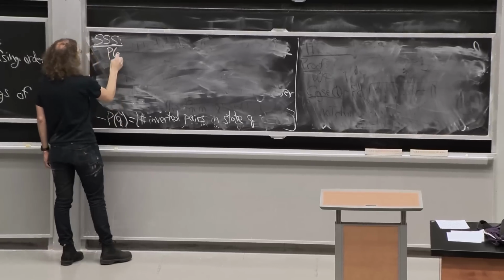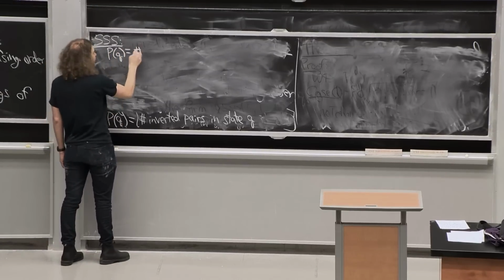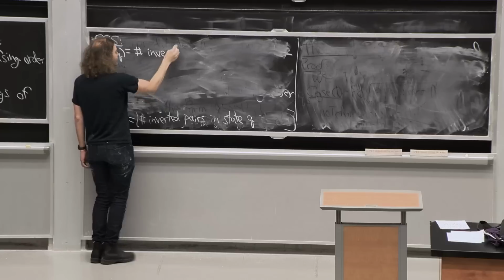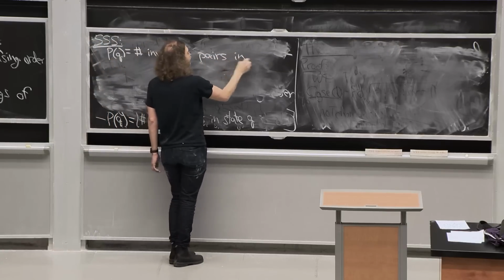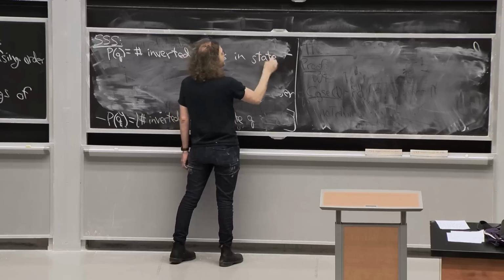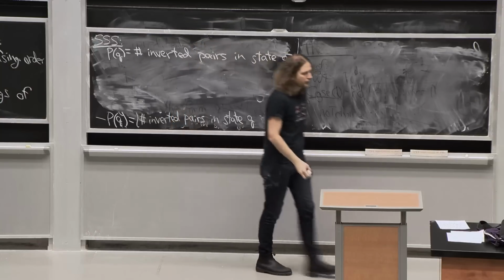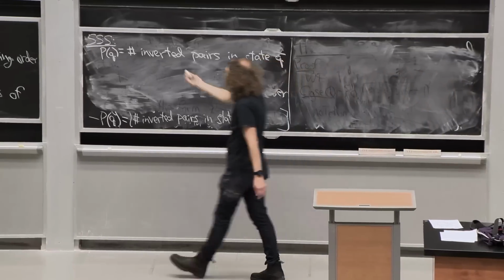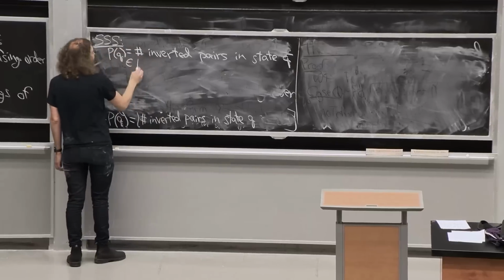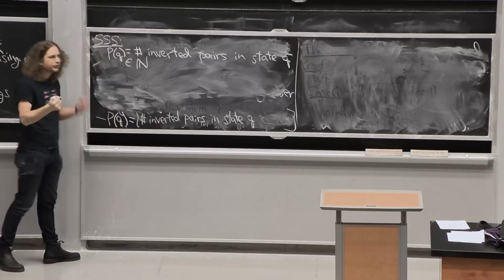We're going to define P of Q to be the number of inverted pairs in state Q. OK, that's some number. It's a natural number, right? It's always greater than or equal to 0. It's always an integer, because inverted pairs were this discrete object.